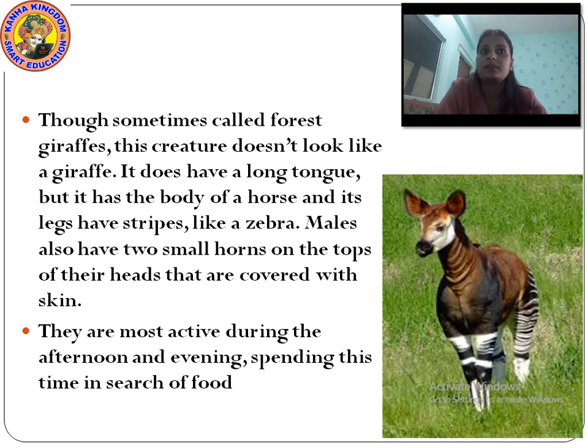Now this animal is called forest giraffe, but it doesn't look like a giraffe. Its body looks like a horse. It has a long tongue, like a giraffe, but the body does not look like a giraffe.